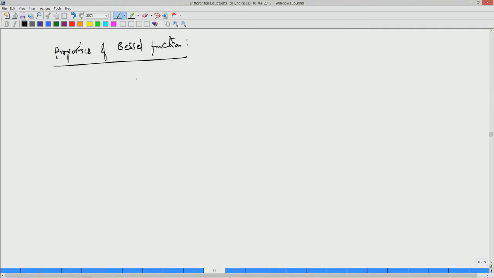We'll start with what J alpha of x is. Let us write what J alpha of x is, and then you can write the properties. So, J alpha of x is sigma m from 0 to infinity, minus 1 power m, x by 2 power 2m plus alpha, divided by m factorial gamma of m plus alpha plus 1. This is what you have.